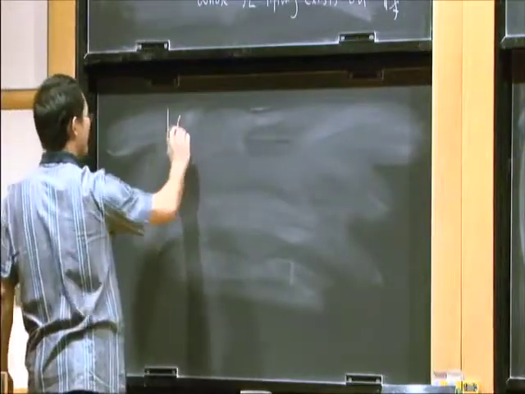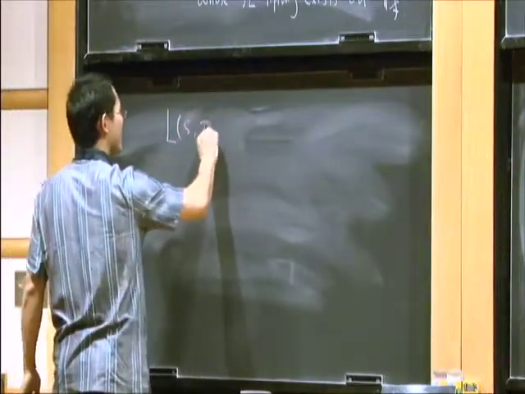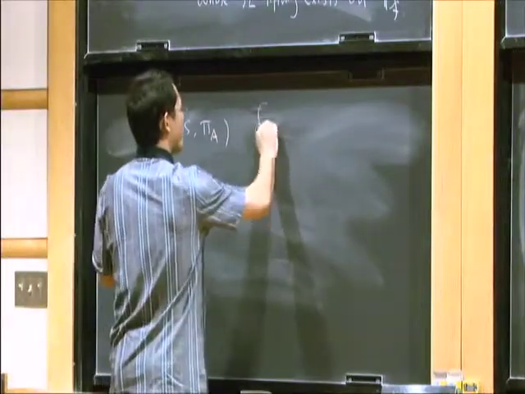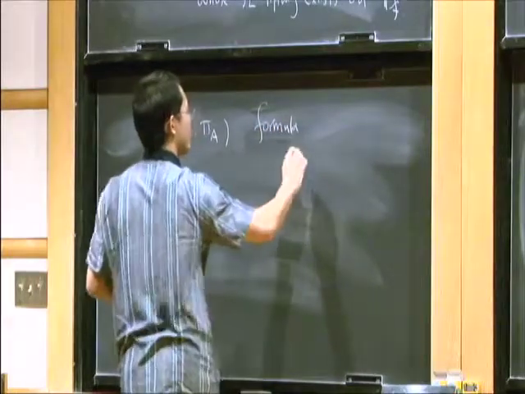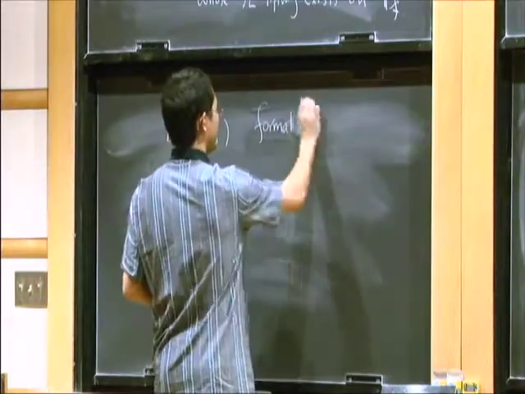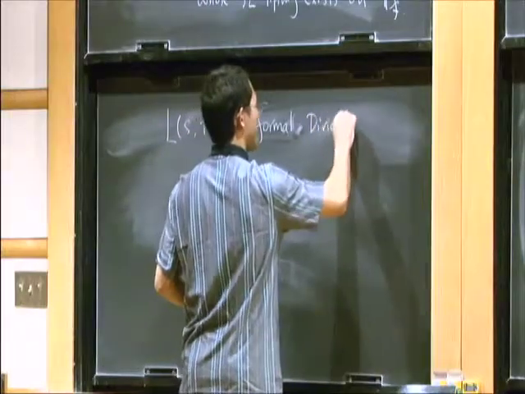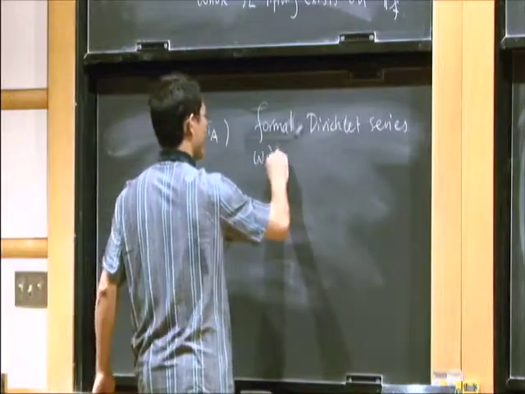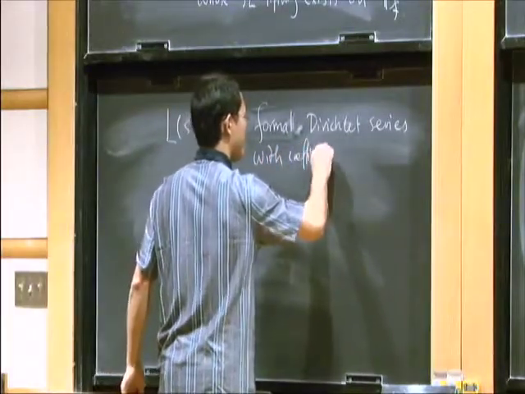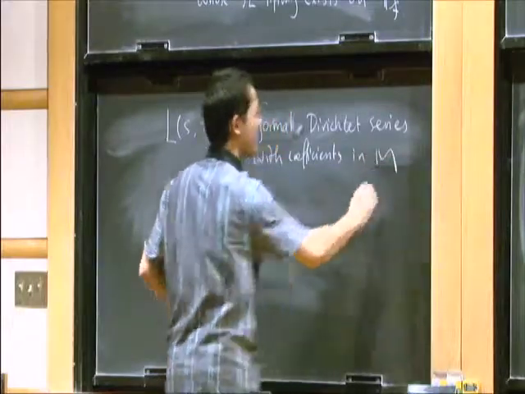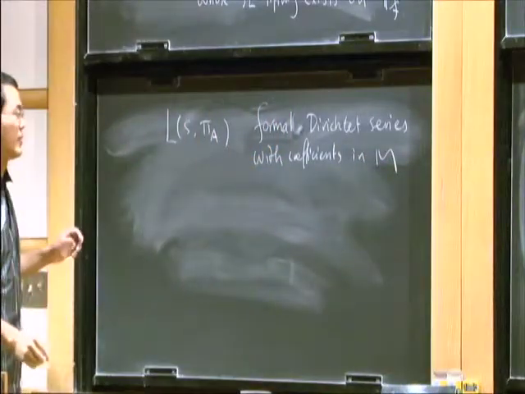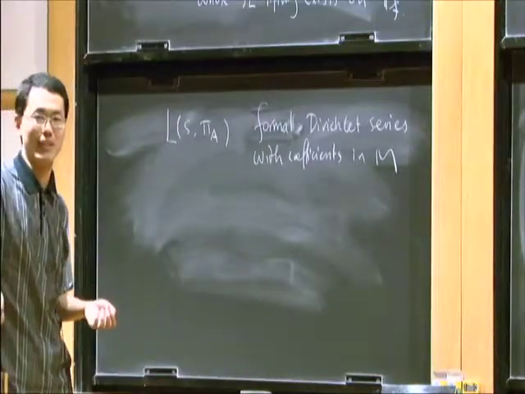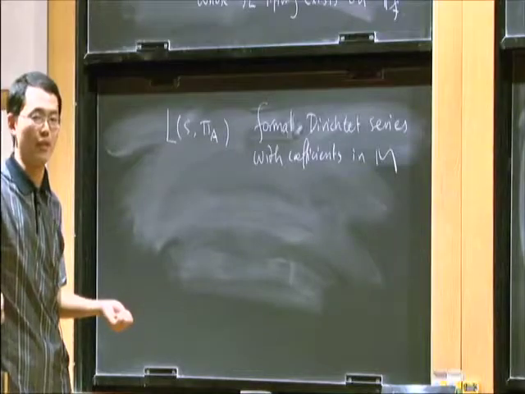Now we can define this L(s, pi A) as a formal Dirichlet series with coefficients in M. So this pi A will be decomposed as a restricted tensor product, and for each place we can define a local factor.